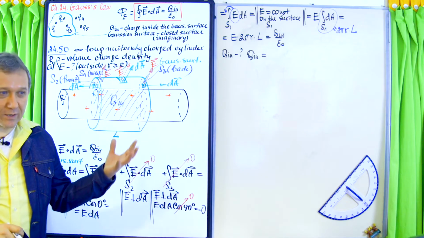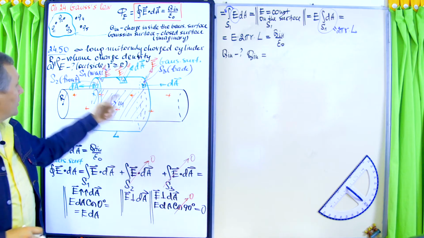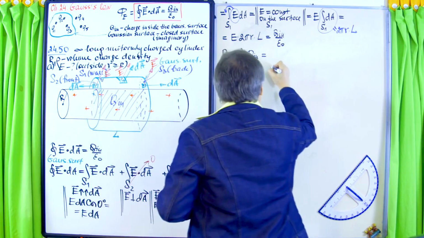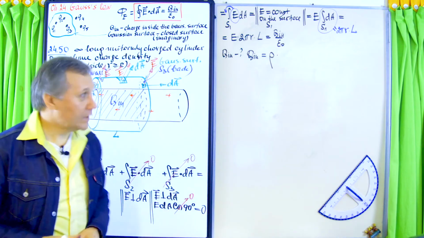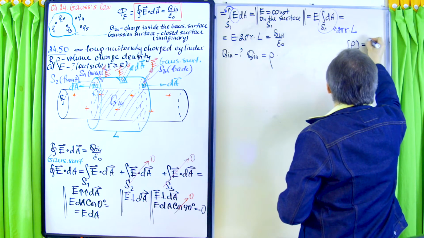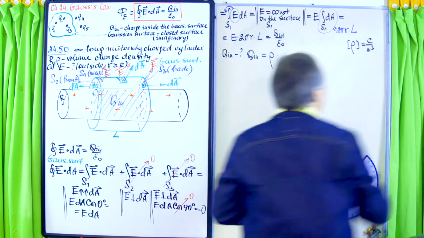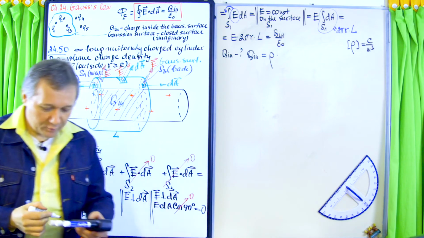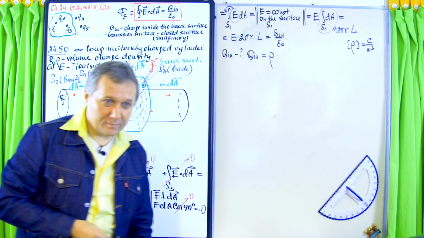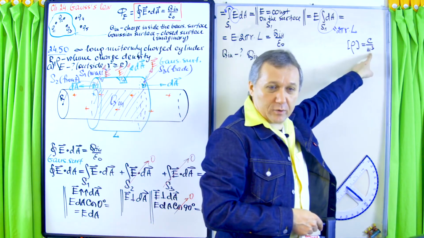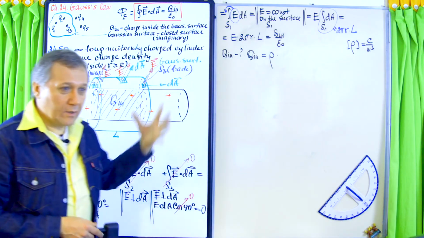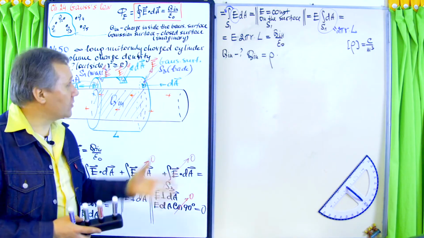We need to take, in this case, the volume charge density, which is given as rho, and multiply it by what? Units of rho, let me remind you: Coulomb divided by meters to the power of 3. So what do we have to do with volume charge density in order to find charge? We need to multiply it by the volume in order to get rid of this meters cubed. So of course, the volume of that object where this charge Q enclosed is.